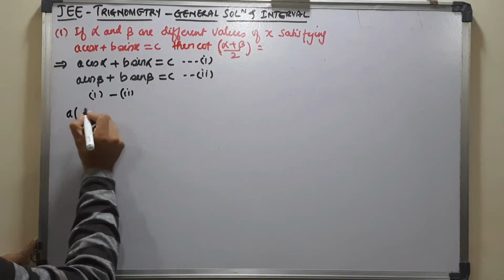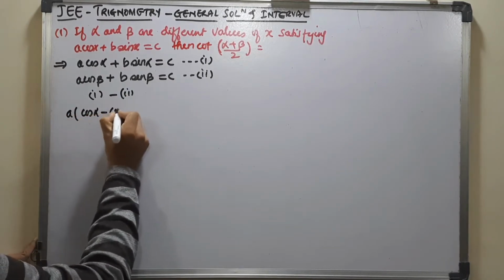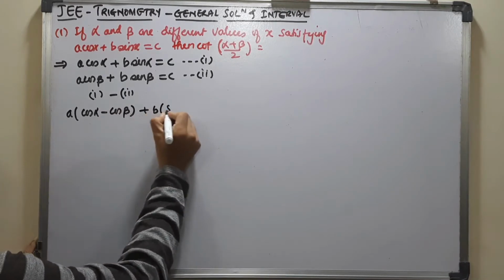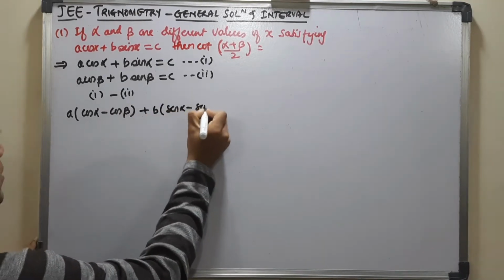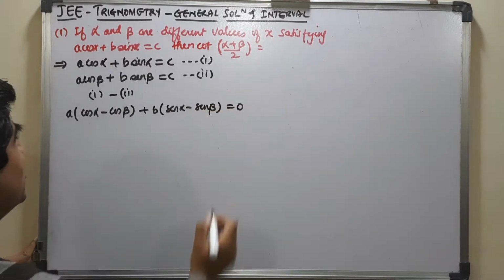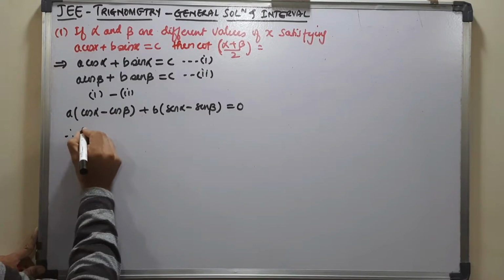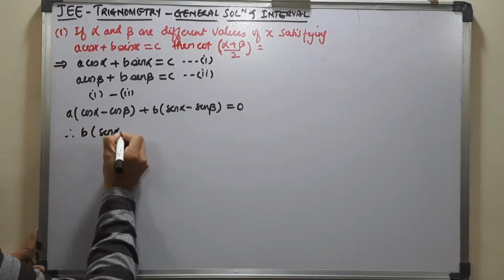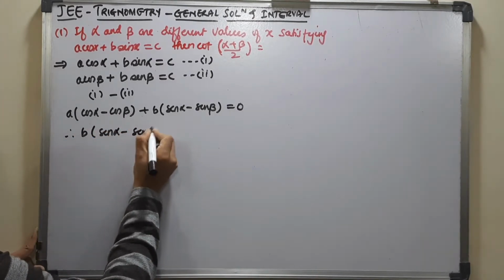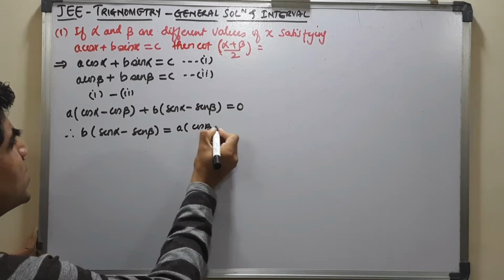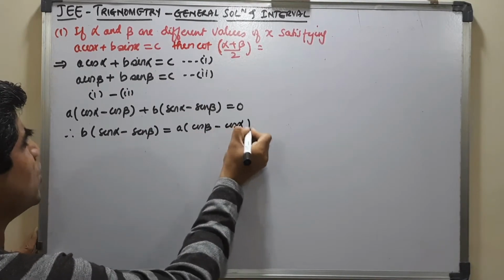So I get a into bracket cos alpha minus cos beta plus b into bracket sin alpha minus sin beta is equal to 0, which in turn goes to b into sin alpha minus sin beta is equal to a into cos beta minus cos alpha.